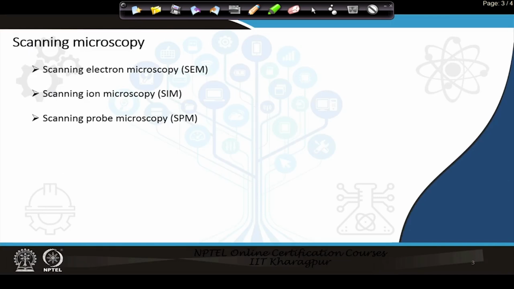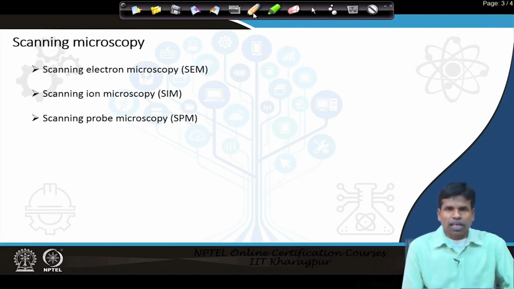So far, we have covered two different types of scanning microscopy, scanning electron microscopy and scanning ion microscopy. The scanning electron microscope has been extensively used for the last around 60-70 years, and the scanning ion microscope has recently been introduced.